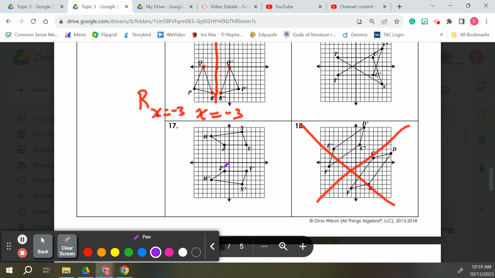Okay, so let's check that out. 1, 2, 3, 4, 5, 6. So that means I'm going 1, 2, 3 away. So that's true, but it's not y equals 3. It's actually what? Yeah, y equals 1. So it's right there. So that's y equals 1. And if I want to represent that as a function, it would be capital letter R, y equals 1.